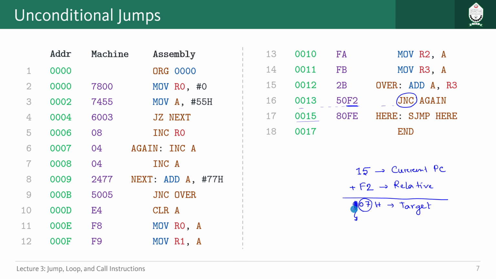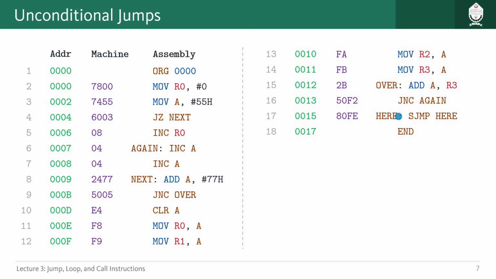So if you omit this portion, you have 07, which should be the target address, or also we can say 0007 because our addresses are of 16 bits. So if you look at 0007, you see we have again a label in backward direction, right?